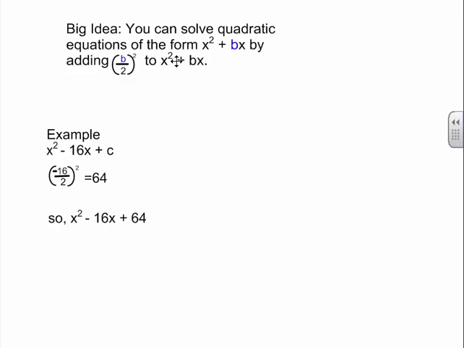For example, I have no a and negative 16 as my b. So I take negative 16, divide it by 2, square it, which is 64, and I add that. That becomes my new c. So x squared minus 16x plus 64 becomes a perfect square. We call this completing the square.